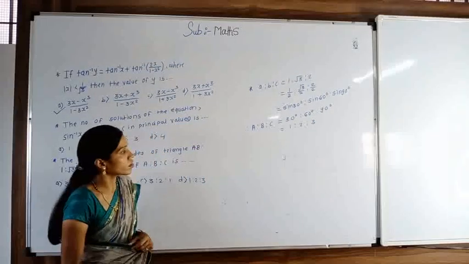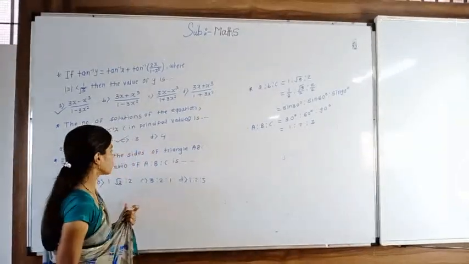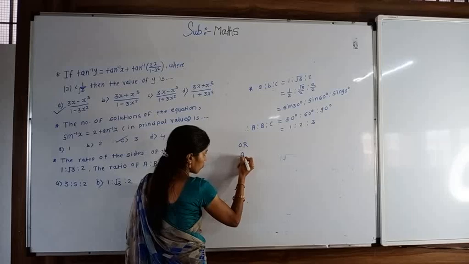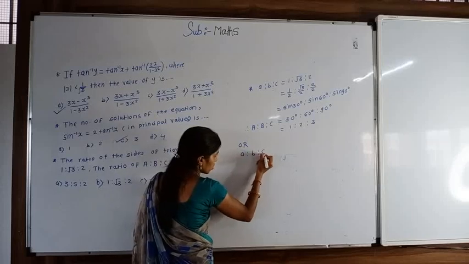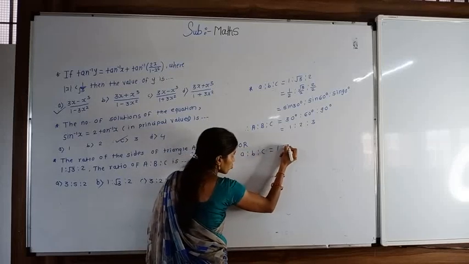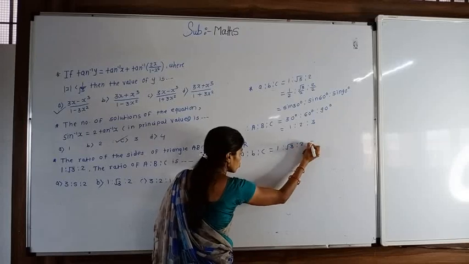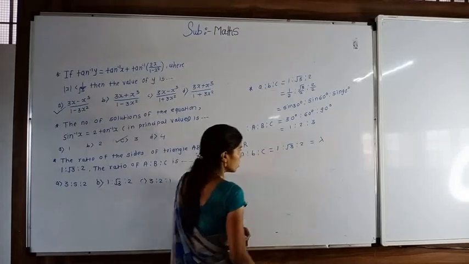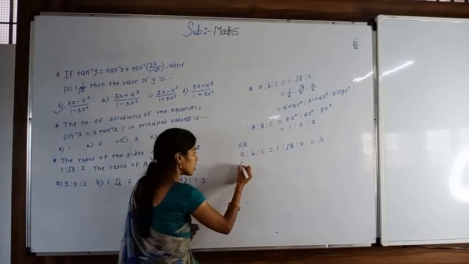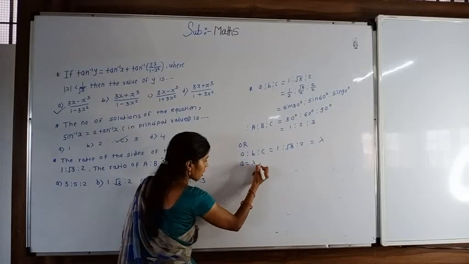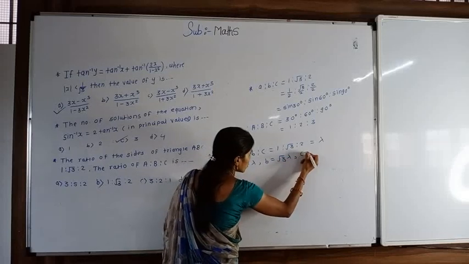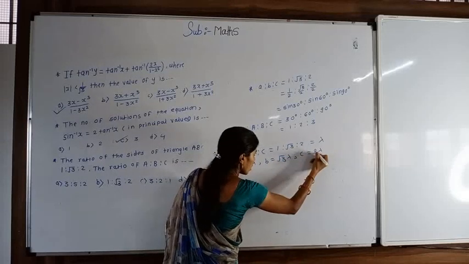Okay. Now the alternate method. For solving this type of question, we have the value of a is to b is to c as 1 is to root 3 is to 2. So first we consider all these ratios as a constant multiple, say lambda. So we can write the value of a is lambda, b is root 3 lambda and c is 2 lambda.